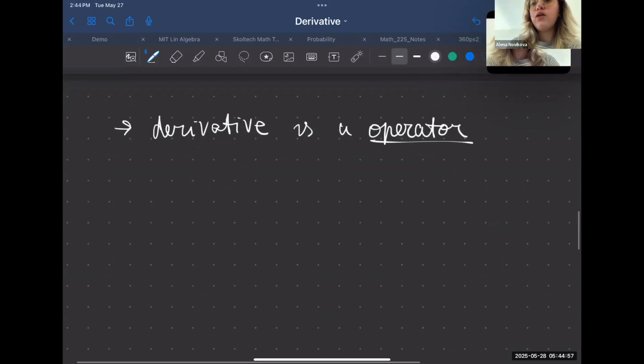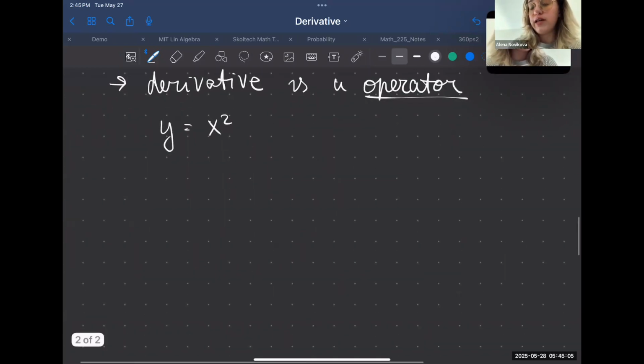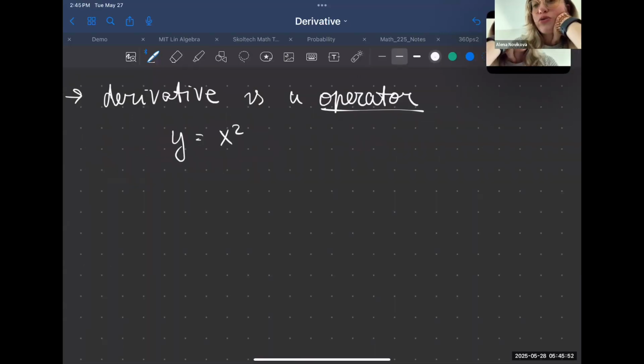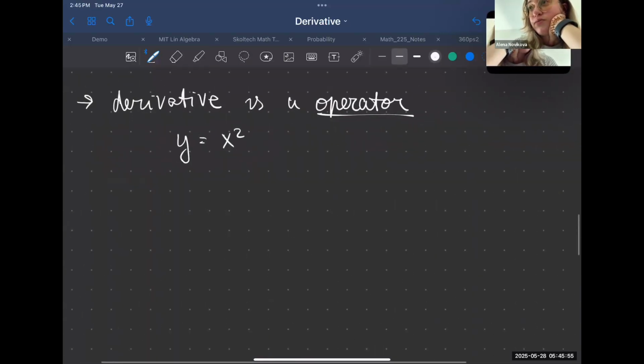So when we have the relationship, let's look at x squared again, y equals x squared. If the derivative is just an operator, and we have this equation, y equals x squared, then like any operator, we can apply it to both sides of this equation and then see what happens. So let's do that.